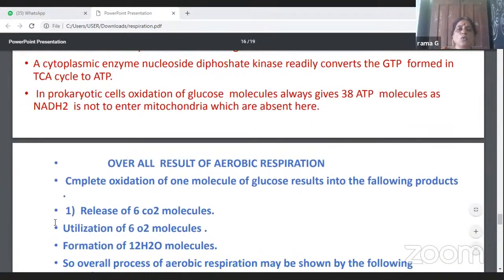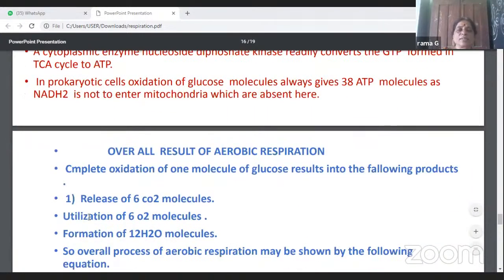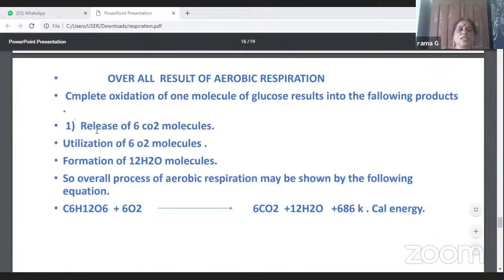Then the overall result of aerobic respiration. That means complete oxidation of 1 glucose molecule results in the following products. What are they? See here: release of 6 CO2 molecules, utilization of 6 O2 molecules, and formation of 12 H2O molecules in 3 different steps.